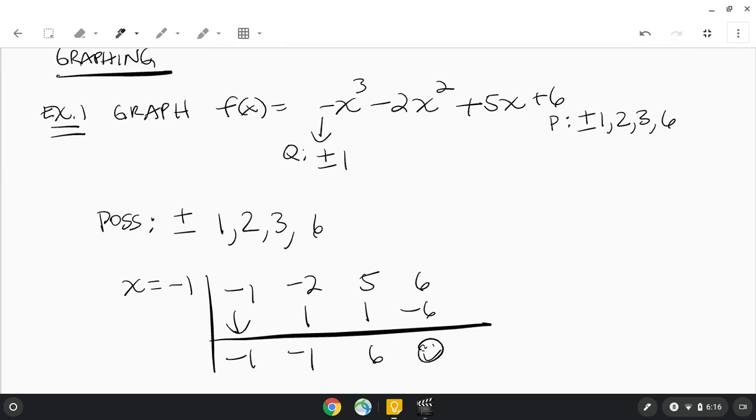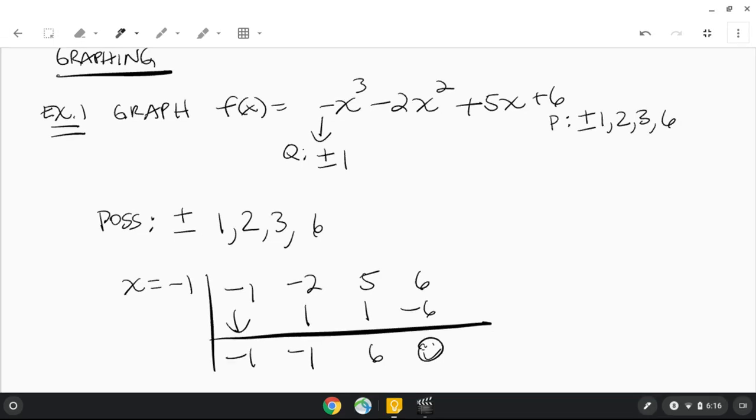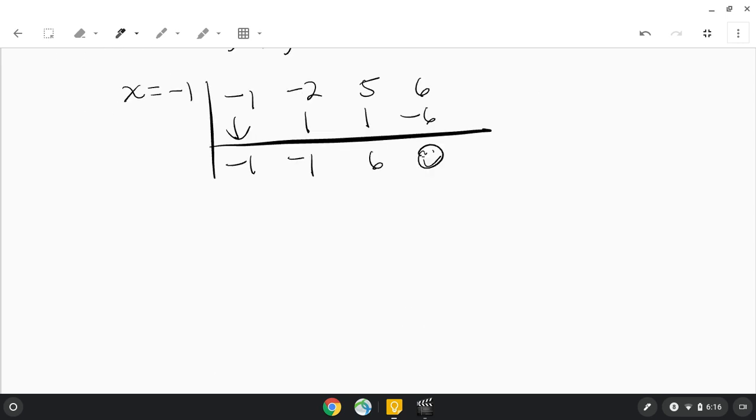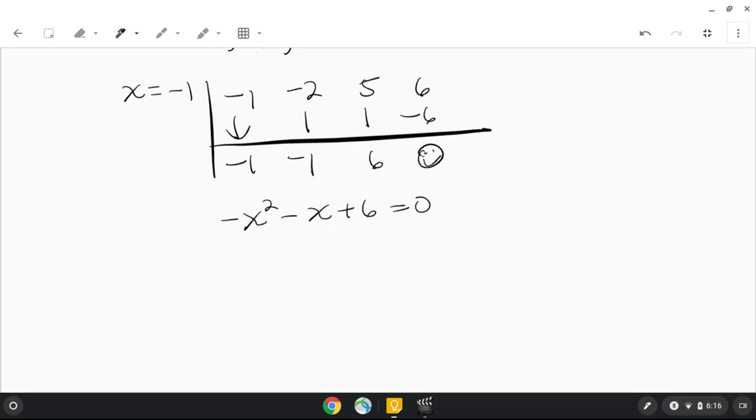Okay, so this is a degree 2 down here. Let's see if we can factor this. This is -x squared minus x plus 6, and I'm going to divide everything by negative because I like my leading term to be positive when I try to factor.